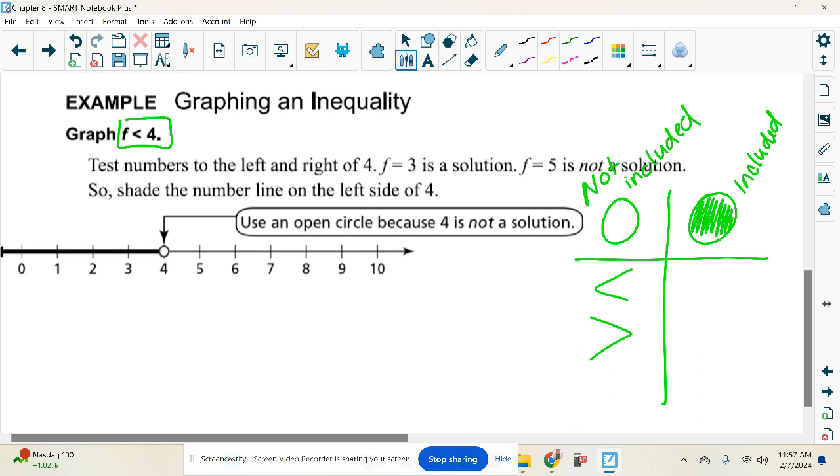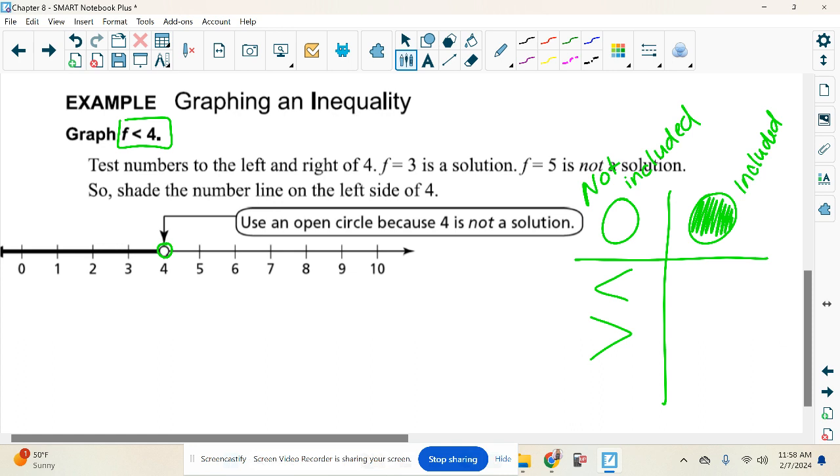Yes. It's really close to 4, but it's not 4. So we put an open circle over 4, meaning 4 is not the answer, but things that are really, really close to 4 are, because there would be no exact way we could pinpoint the very last number before 4. Does that make sense?